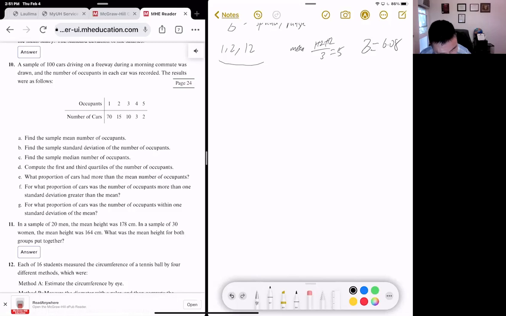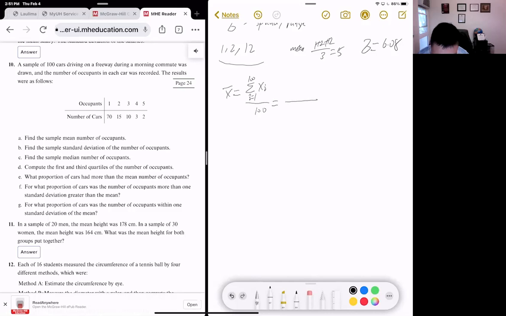For the sample mean, we just add all the sample values together, right? So from 1 to 100, and divide by n, divided by 100.